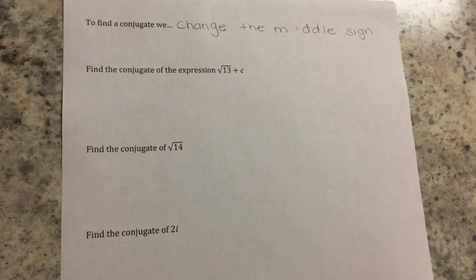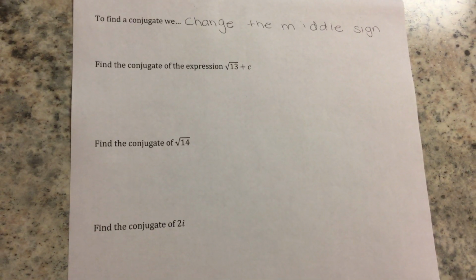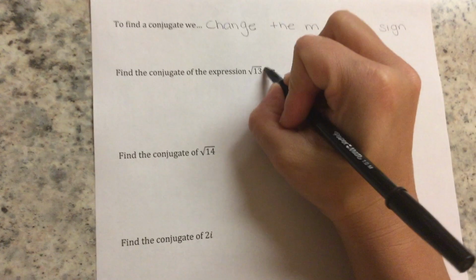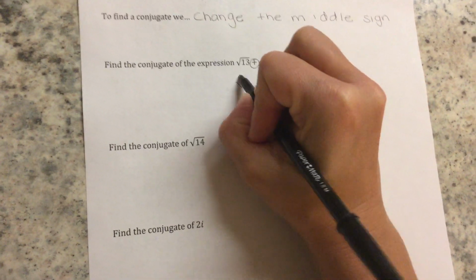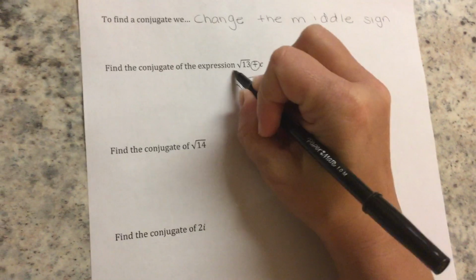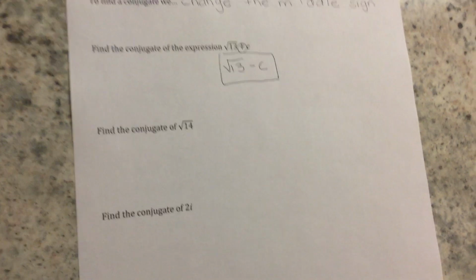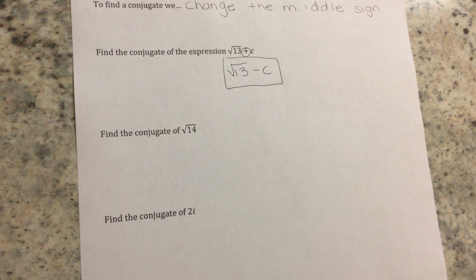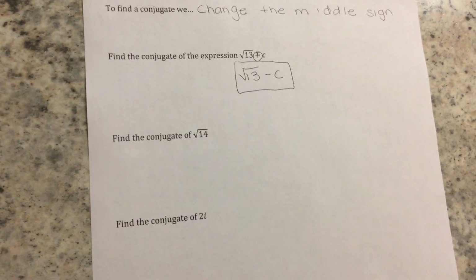Find the conjugate of the expression, the square root of 13 plus c. For the conjugate, all we're going to do is change that sign. So it's positive, now becomes negative, done. That's the only thing that's changing, that middle sign.